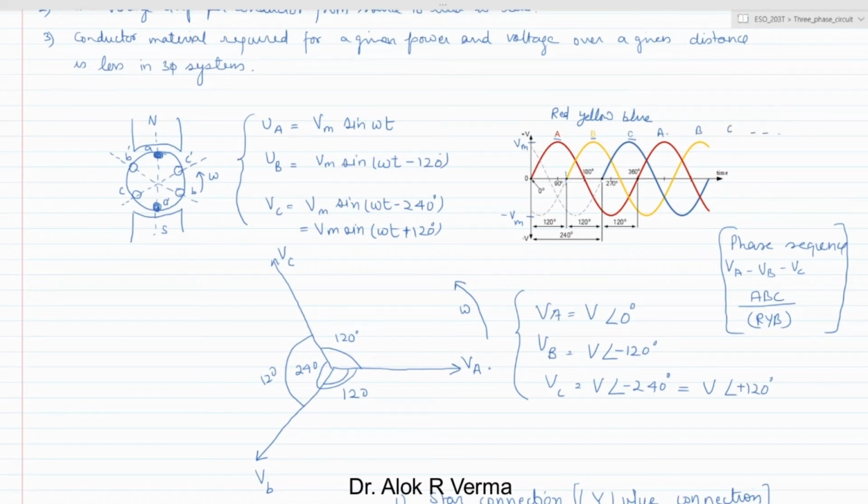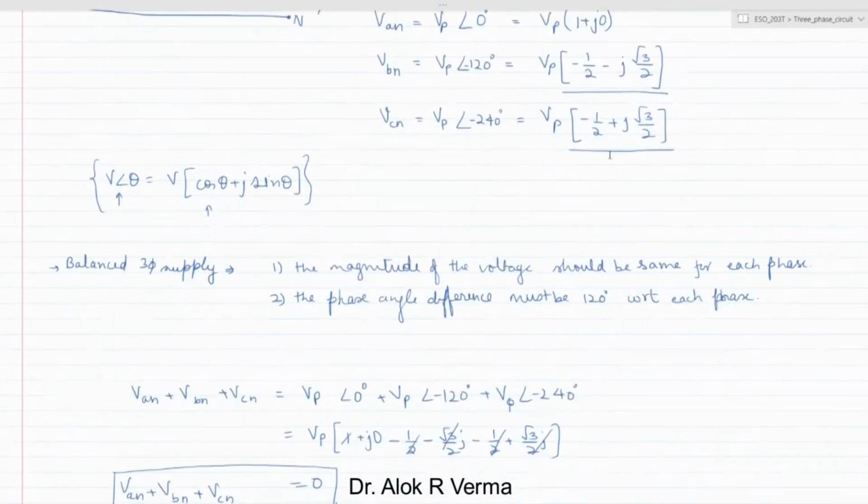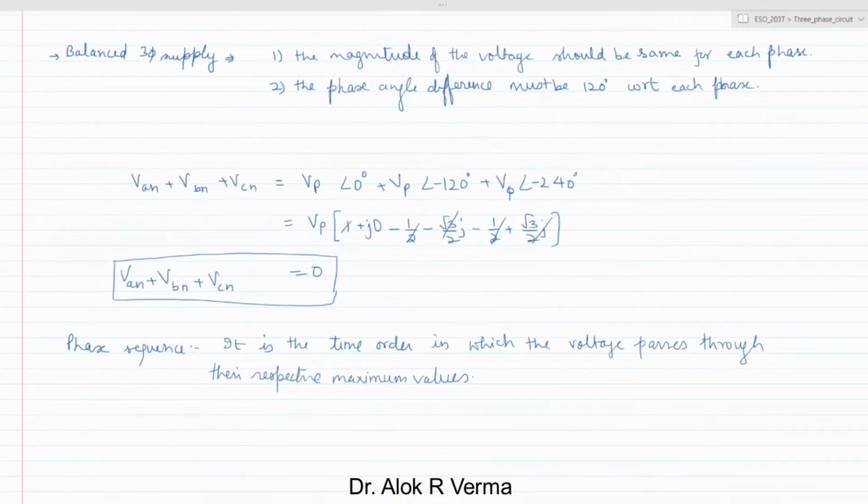So the phase sequence here will be A, B, C or R, Y, B. If the direction changes, if it rotates in the opposite direction, then it will be phase A, then C, and then B. So after A, C will come, then it will be A, C, B or R, B, Y phase. So the phase sequence will change.